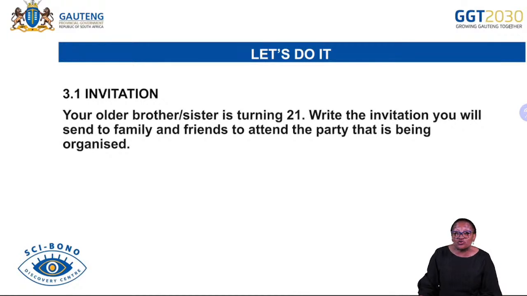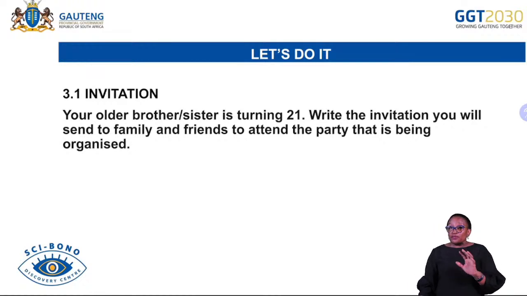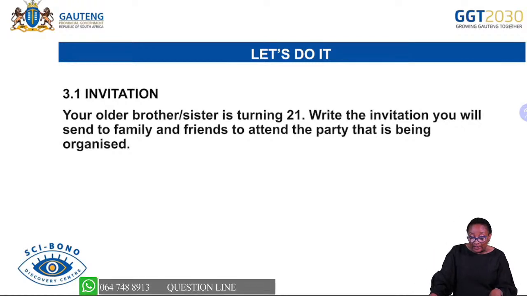So what is it that you need to include? Remember the checklist that I spoke about earlier? When you do the brainstorming, you need to think of the date. You need to think of the venue. You need to think of the time. You also need to include RSVP. Yes, RSVP, that is the contact person for confirmation of attendance.